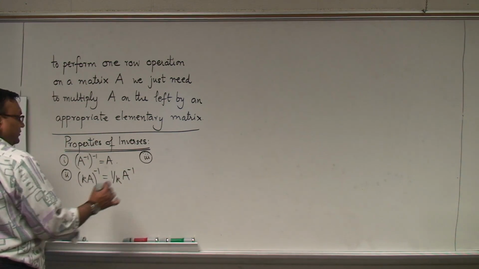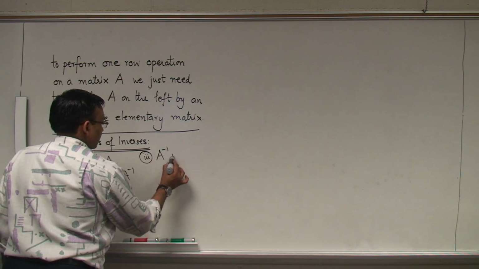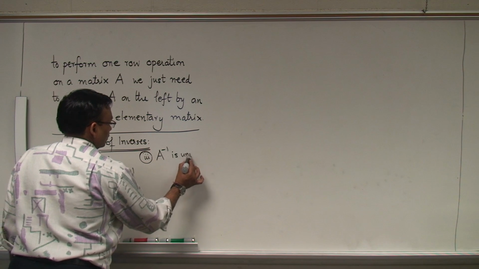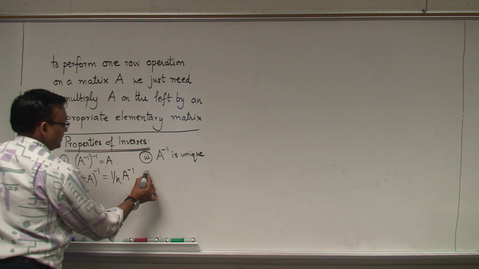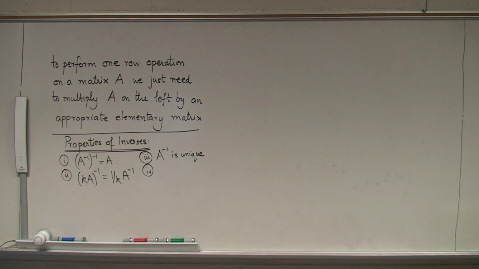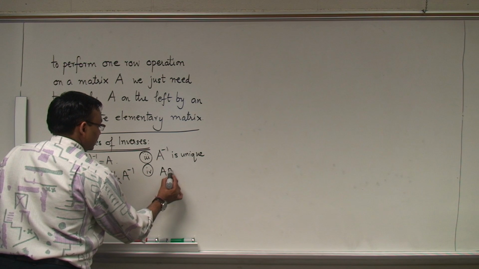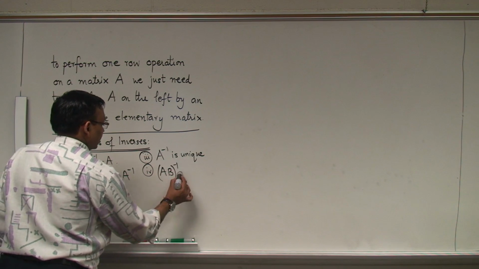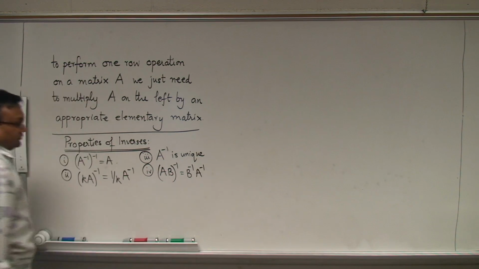This is the property which we are quite looking forward to: the inverses, if they exist, are unique. That means once you have found a matrix which acts as an inverse, that is the only thing which will act as an inverse. And this is another property which is going to be quite useful for us.